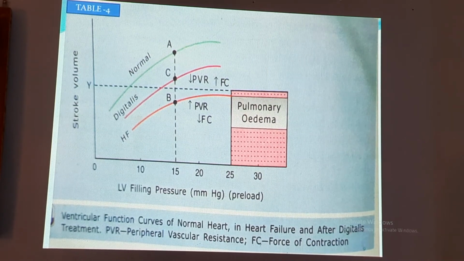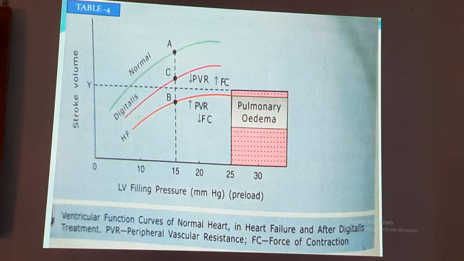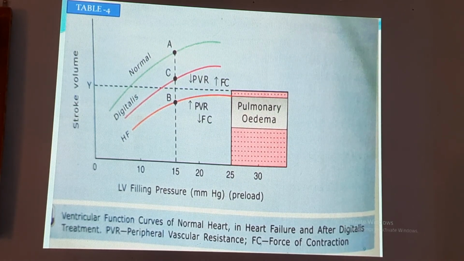But in heart failure, due to increased peripheral vascular resistance and decreased force of contraction, curve B is formed, leading to pulmonary edema and other features of heart failure.